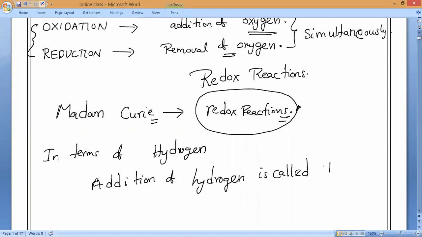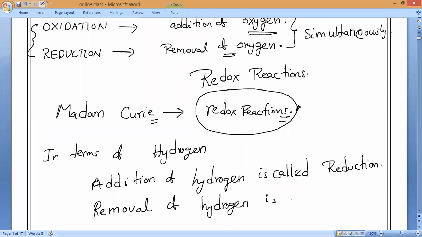Addition of hydrogen is called reduction. In the same way, removal of hydrogen is called oxidation.